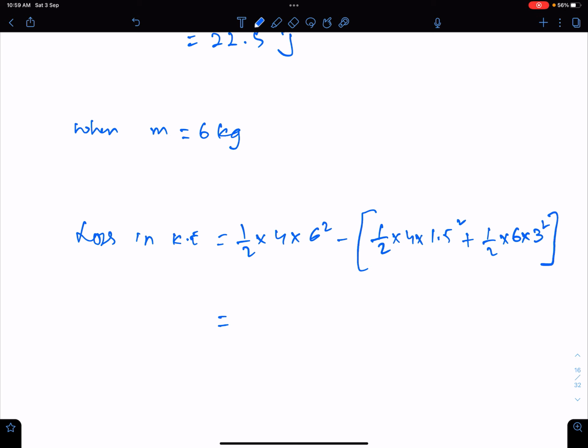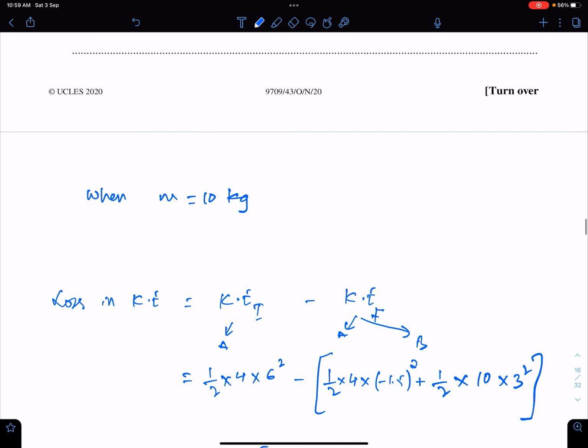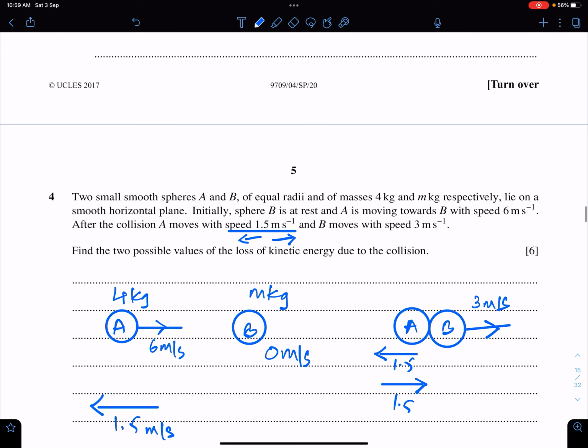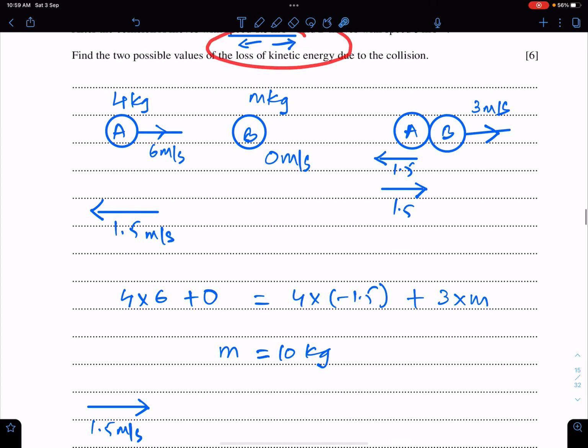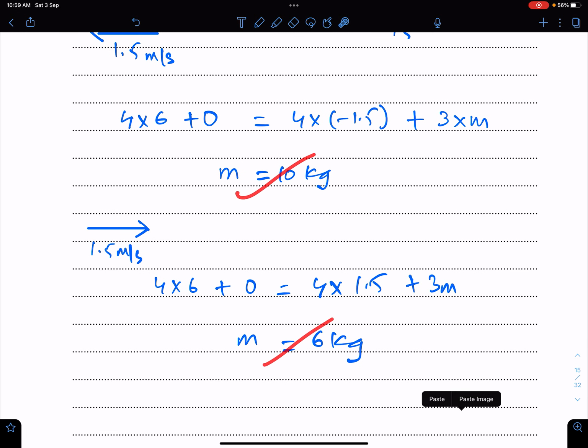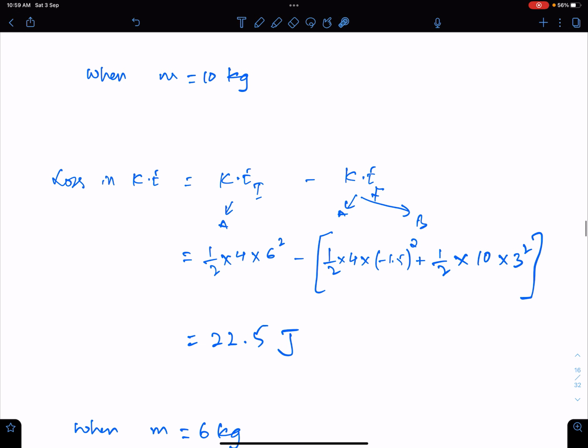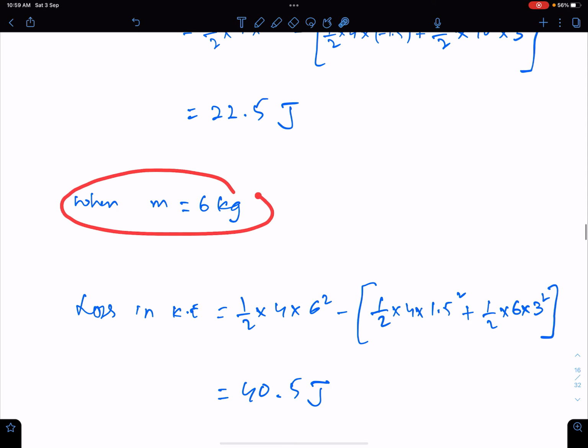Now this value is 40.5 joules. So because of these two directions, we got two values of m, and then we found the loss in kinetic energy with these two values of m.